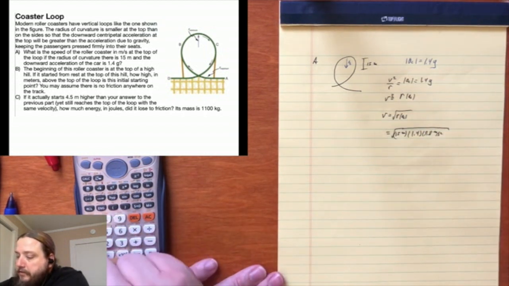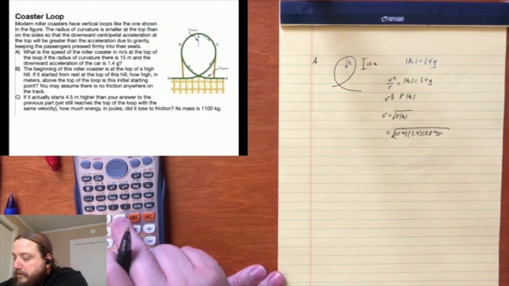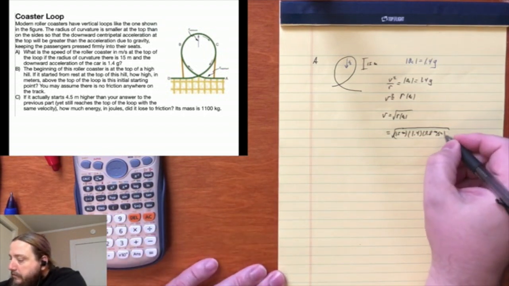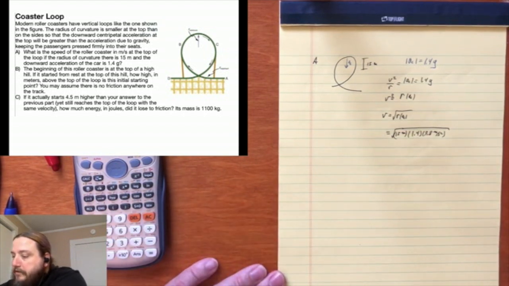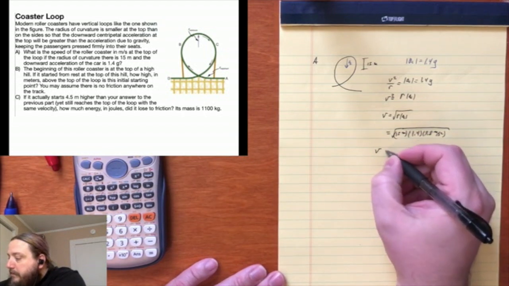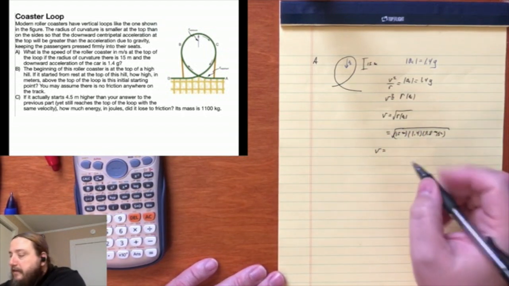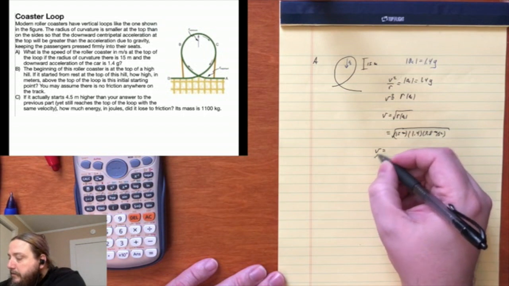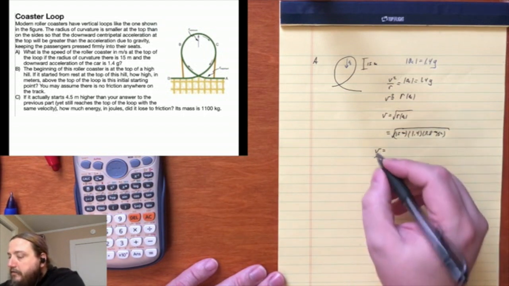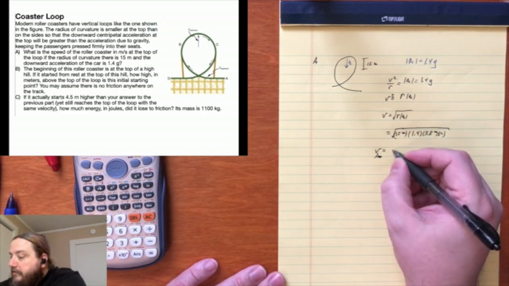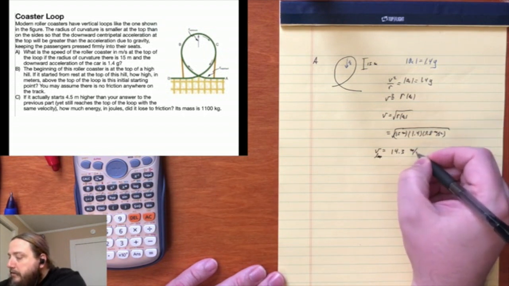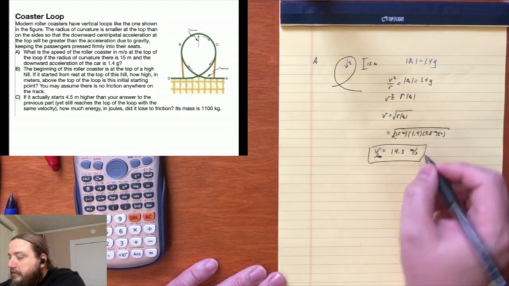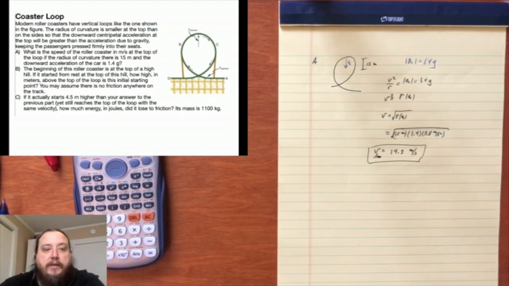If we take 15 times 1.4 times 9.8, and then take the square root of that, we find that the speed we must be going at the top of the loop, which we'll call the speed at the loop, is 14.3 meters per second. All right.